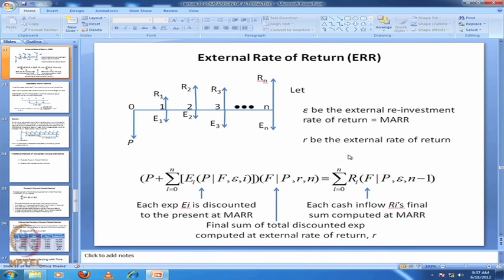So, here we are not making any trial and error consideration. Basically, what we are doing is discounting all expenses to the present, adding to that the initial investment made, which is now the present sum. The final sum is calculated by multiplying that with the compound amount factor, and then equating the whole thing with the compound amount of all the revenues throughout the years. By that process, we find out the external rate of return.